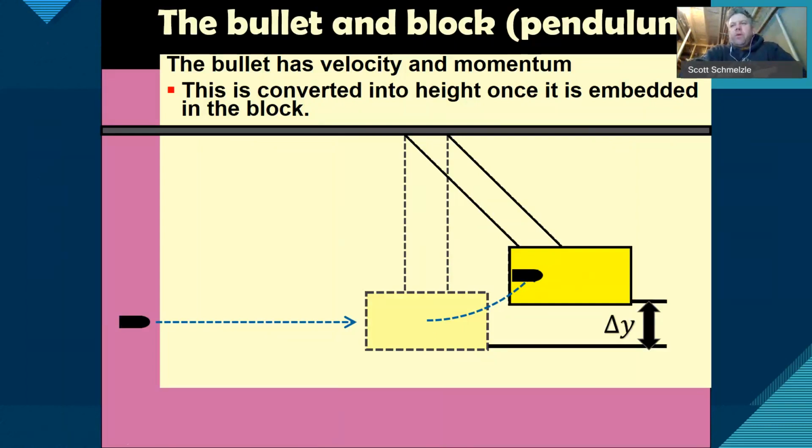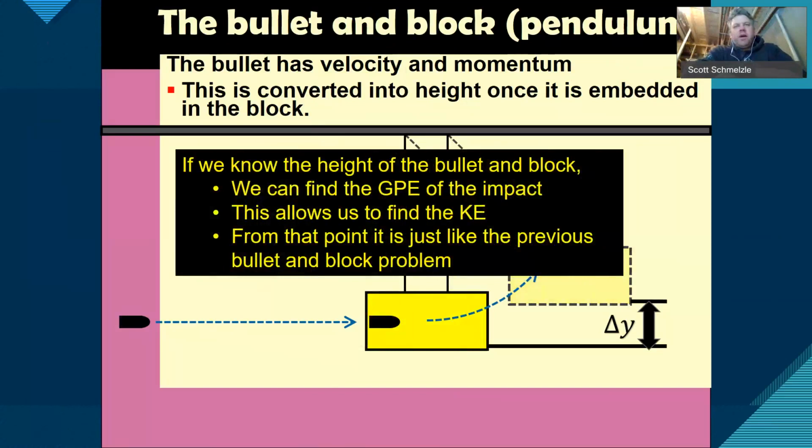So the way that we can run problems here: if the initial velocity of the bullet is known, then we can figure out how high this thing is going to go. If we are able to determine the height of the actual object, then we can ask how fast that bullet was going in order to reach that height. So if we know the height of the block and bullet, we'll use GPE at the contact.